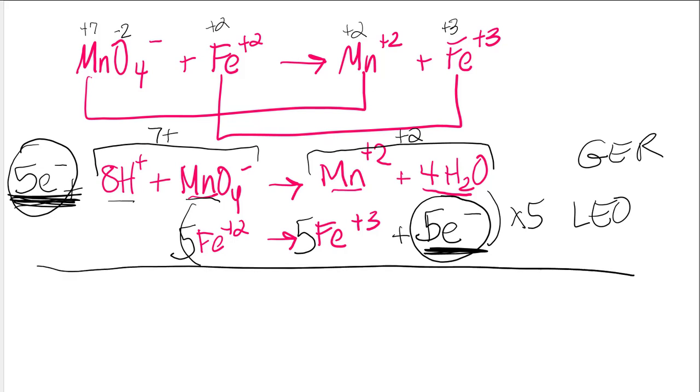Now let's combine. Let's see what my net reaction is here. So we can see that we can cross off my 5 electrons on my left and 5 on my right. It's going to cancel out.